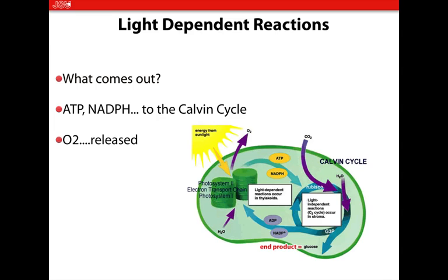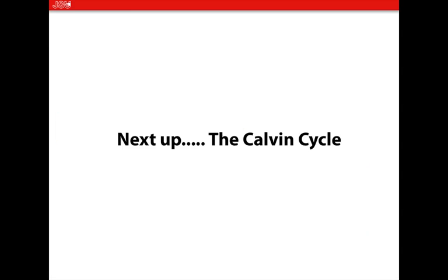So again, ATP and NADPH go to the Calvin cycle, or the light-independent reaction. Also, what comes out is oxygen. What went in was water and light energy. So that covers the light-dependent reaction.